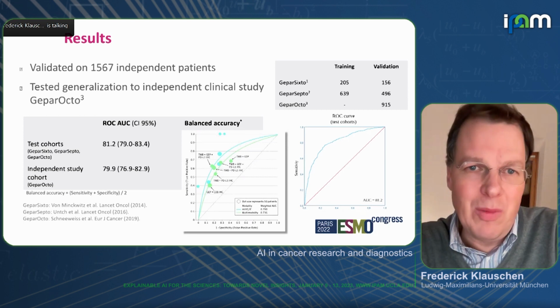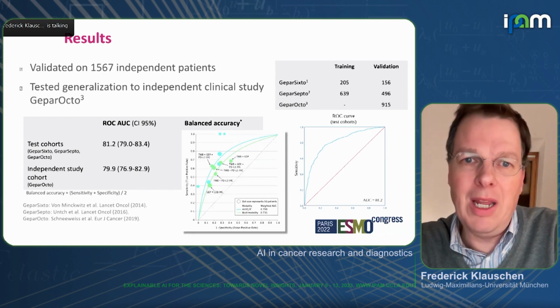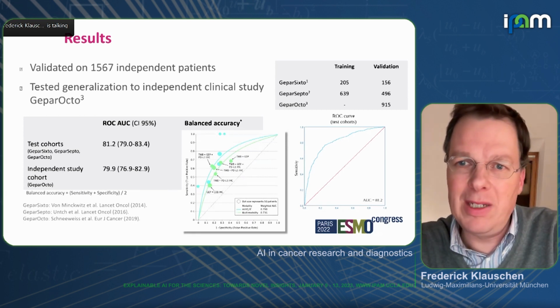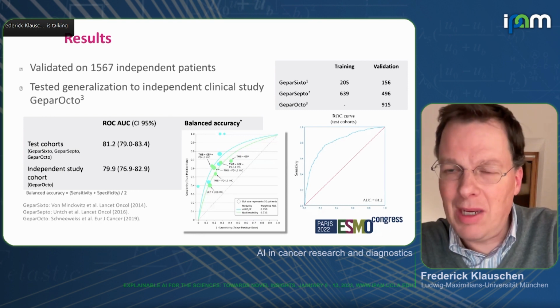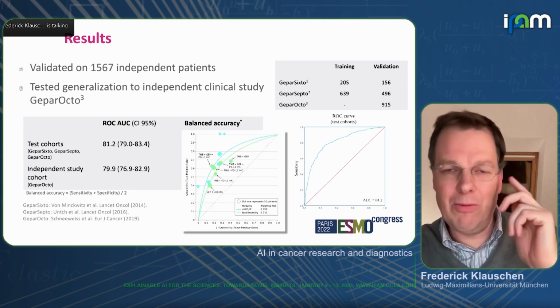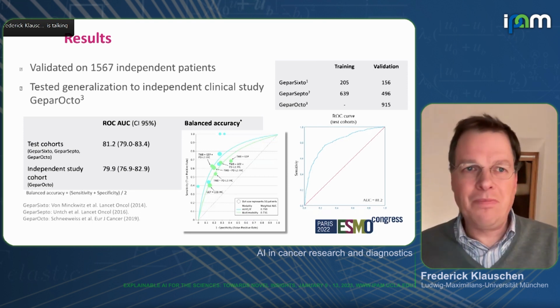So I think this is also important when discussing what AI can contribute to routine diagnostics, that we shouldn't be too strict with AI and at the same time too lax with conventional approaches.